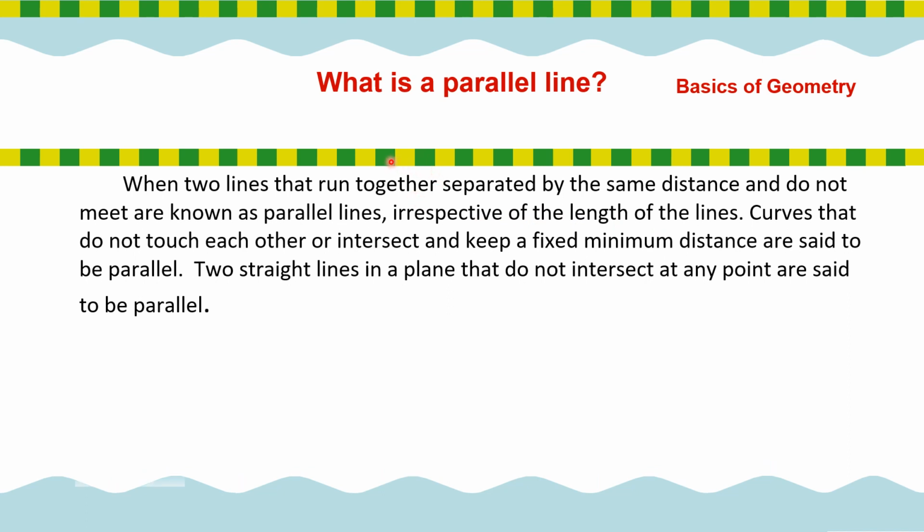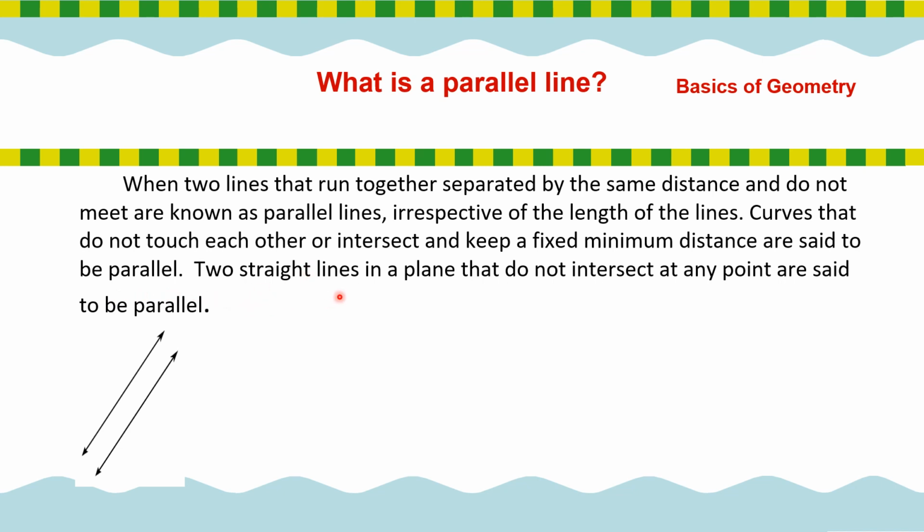What is a parallel line? Two lines that run together, separated by the same distance and do not meet, are known as parallel lines. Irrespective of the length of the lines, curves that do not touch each other or intersect and keep a fixed minimum distance are said to be parallel.